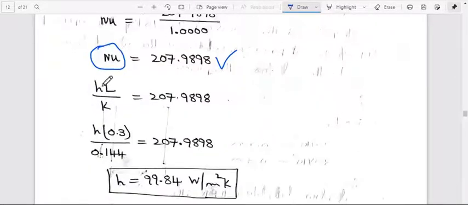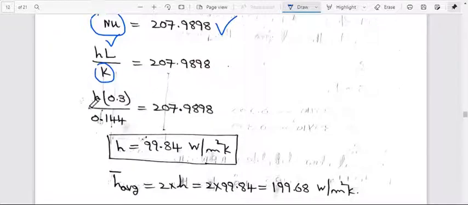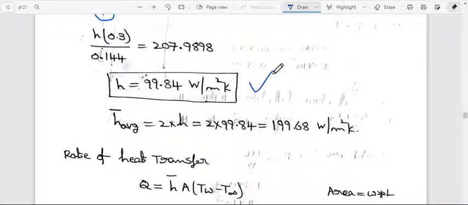L is a known term and K is a known term, so we substitute the L value and K value in this equation. What is the H value? The convective heat transfer coefficient H value is equal to 99.84.